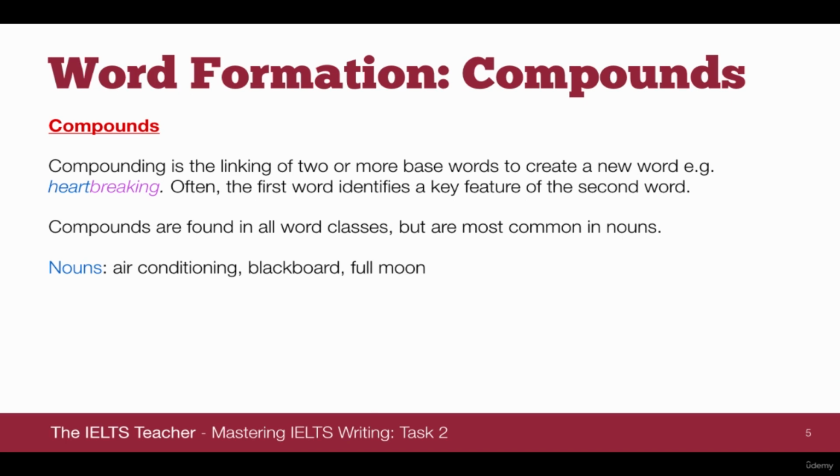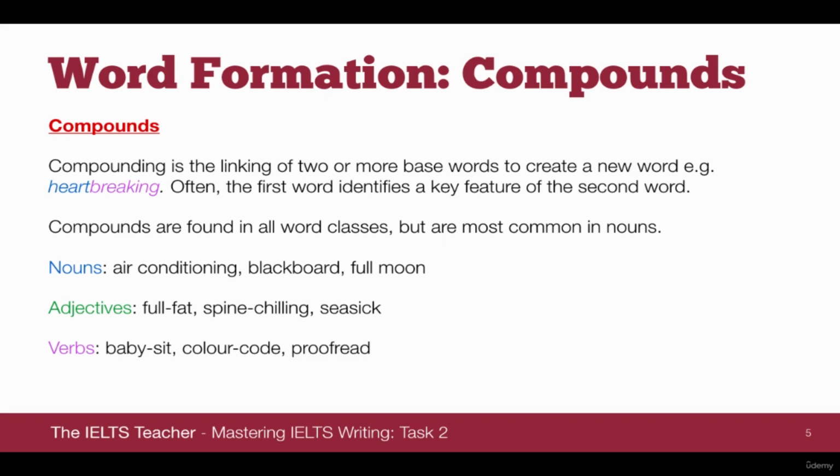For example, here are some nouns. Air conditioning. The air modifies the conditioning. Blackboard. The black modifies the board. Full moon. Adjectives. Full fat. Spine chilling. Seasick. These are all adjectives created from two base words. Some verbs here.